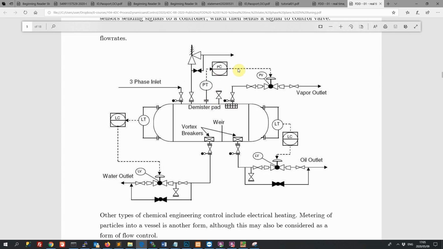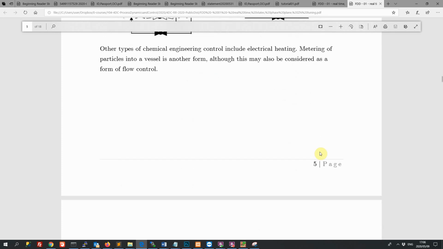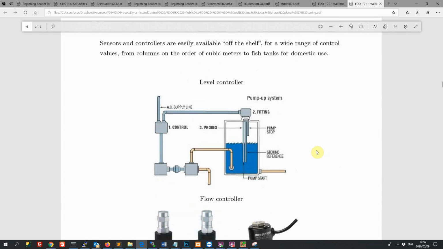So here really you want to control the pressure by controlling the flow out here if the flow in here is a fixed value. So if you know the pressure here is fixed, then you can control the pressure in the tank through the exit flow here. So that's how we can read those flow diagrams and those really control diagrams.